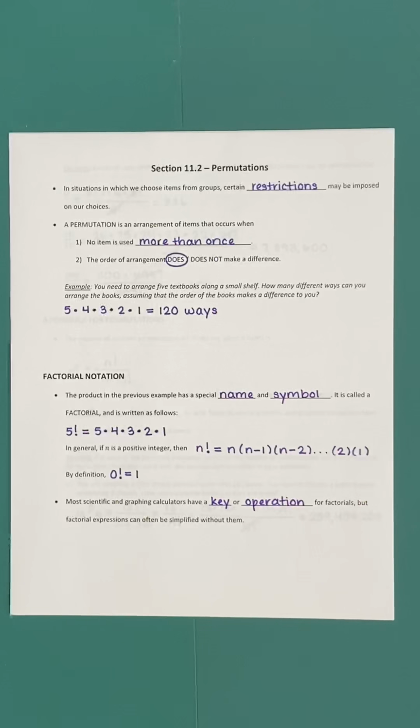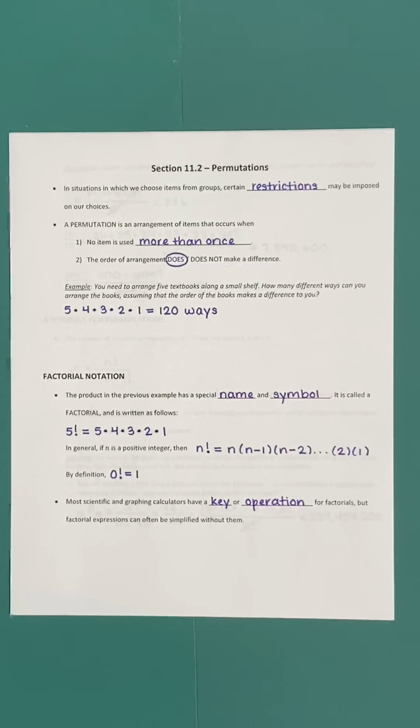Step 2 is choosing the second textbook, all the way down to the 5th textbook, the one we place at the end of the shelf. Well, how many ways can we do each step? Because we're not reusing things, there's not the same number of ways to choose each individual textbook. So we're going to have to go step by step in order.